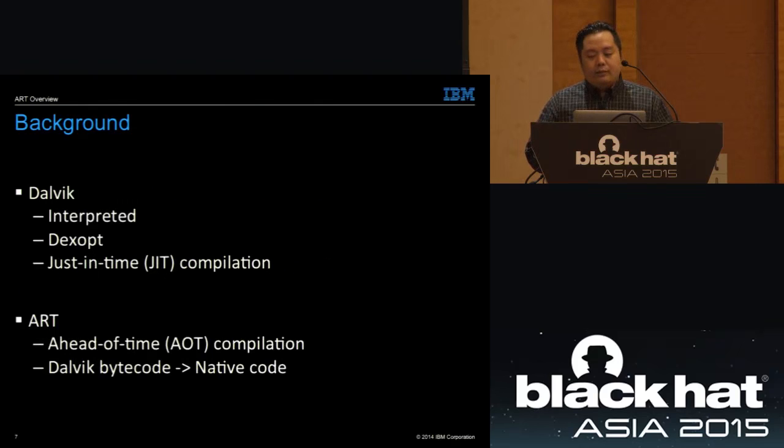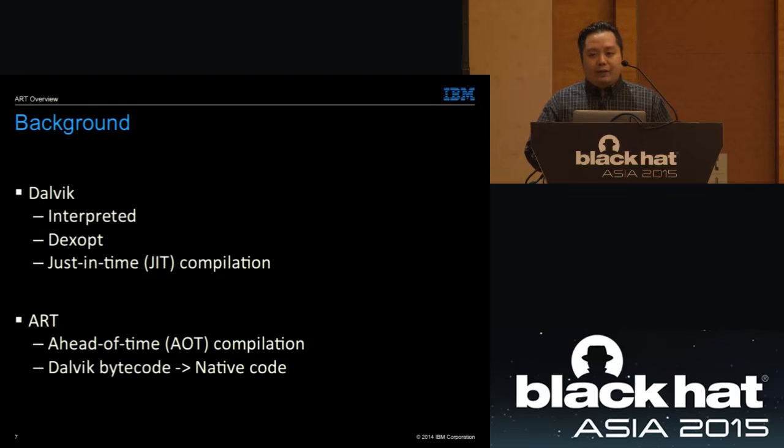The main difference between ART and Dalvik is that it has much better performance. It does it because of a feature called ahead of time compilation. In Dalvik, your application's code runs on top of a virtual machine. The bytecode for your application will be interpreted. On the other hand, in ART, your code will be compiled ahead of time.